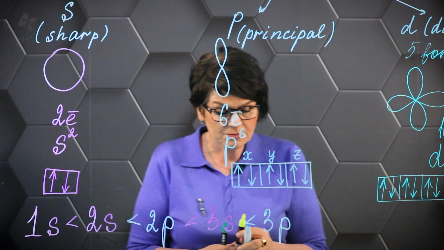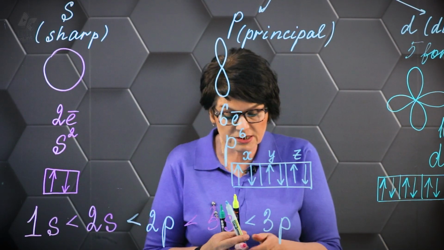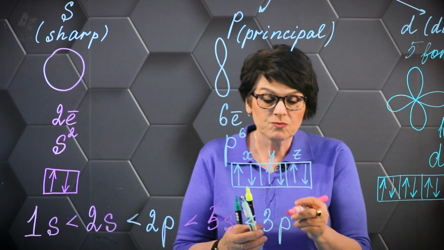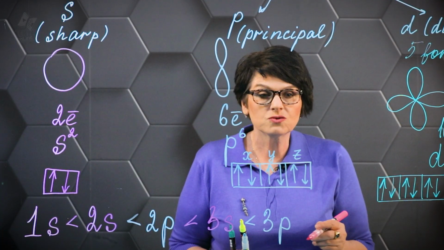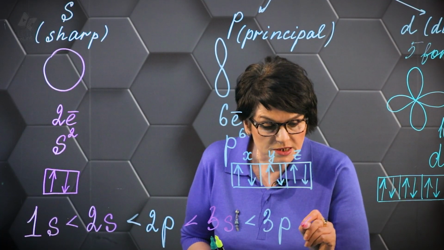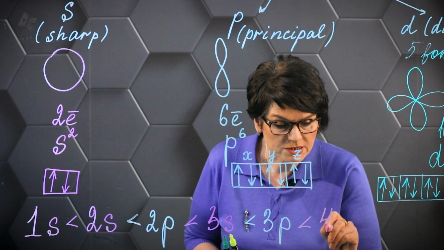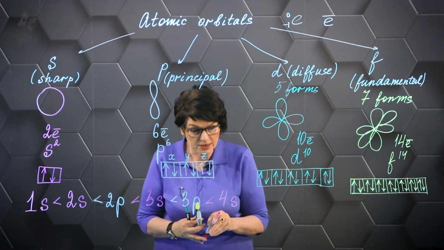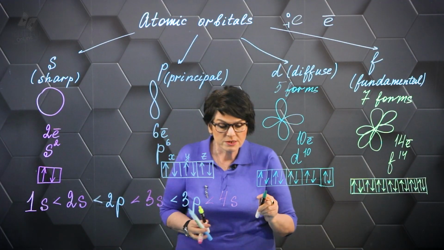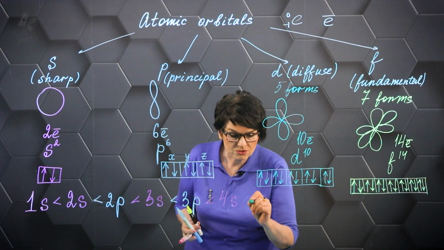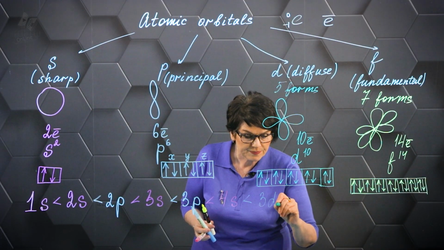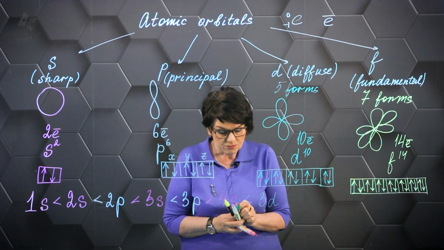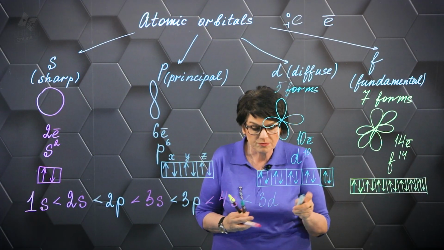At the fourth energy level, the filling process starts with 4s electrons. After these 4s electrons are loaded, 3d electrons gradually occupy the available space in the energy level. And then after that comes the filling of 4p.